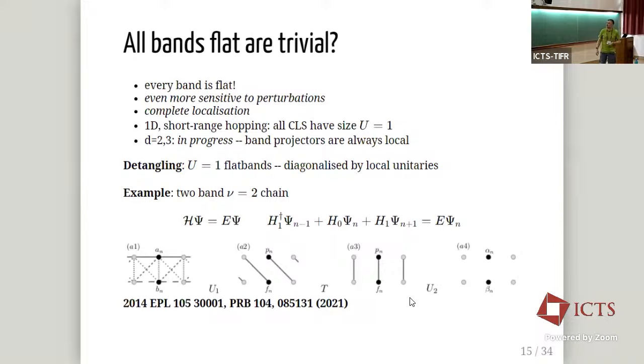And for example, in 1D, the well-known Creutz ladder falls into this class. So now in 1D, this construction is exhaustive so long as your hopping range is finite. In higher dimensions, we believe this is also true, but we do not have a proof yet.